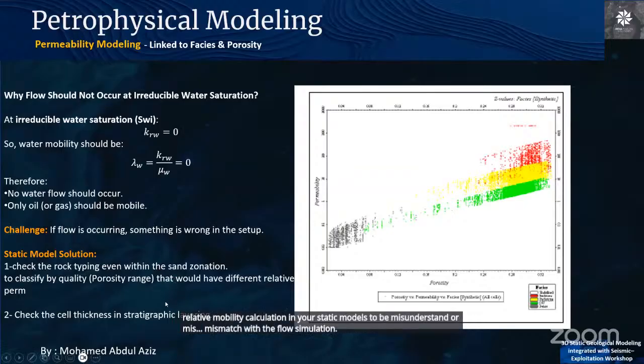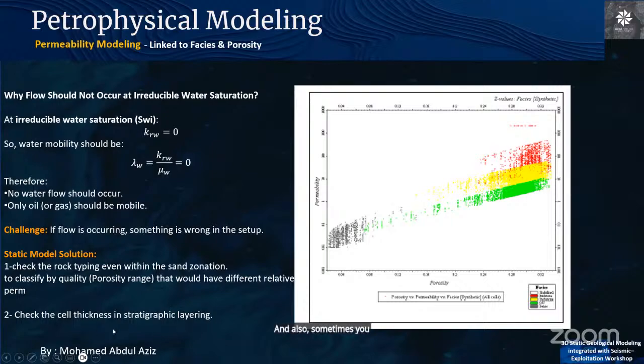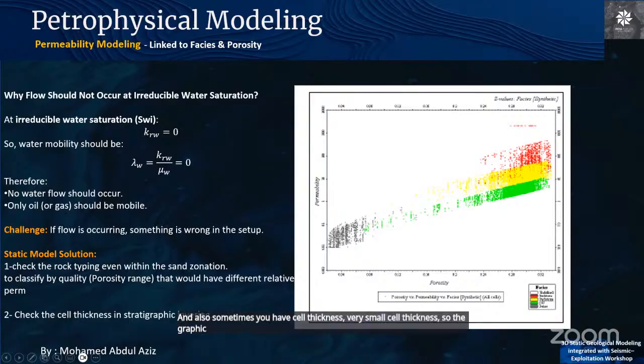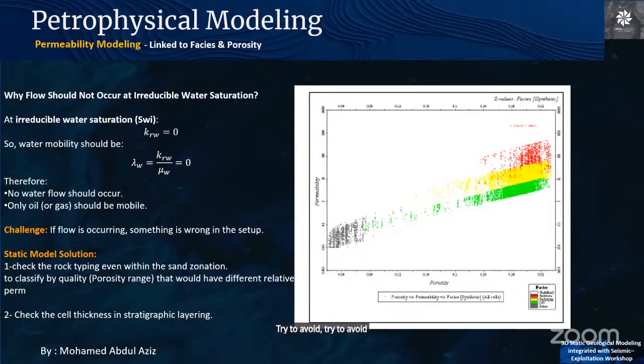Also, sometimes you have very small cell thickness in stratigraphic layering, such as onlapping or truncation. It will affect the model because it will have a value. I know there is a solution from the dynamic reservoir engineer for such issues, but try to avoid these problems in your static model.